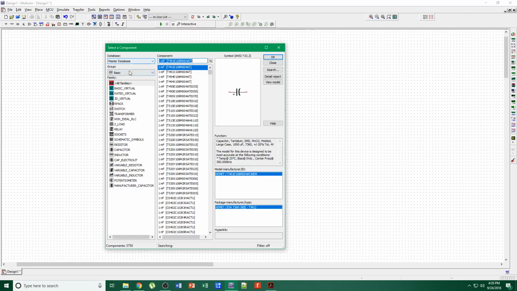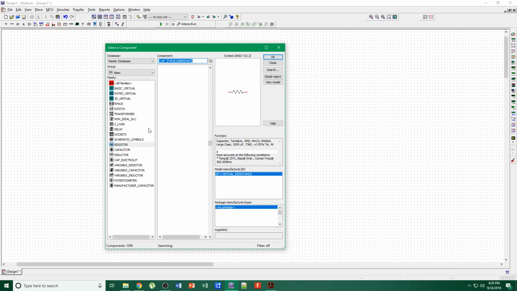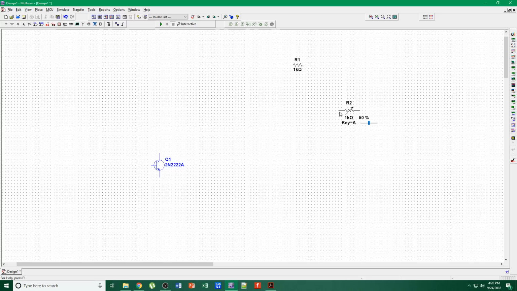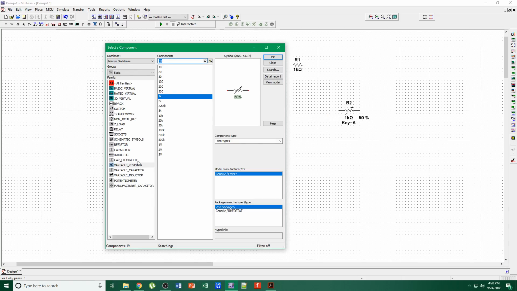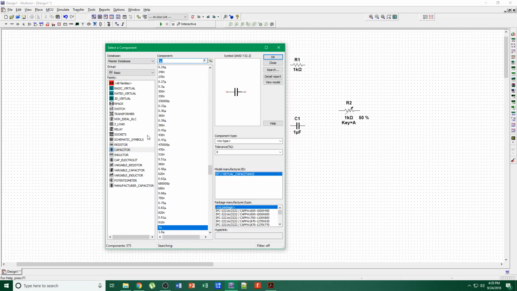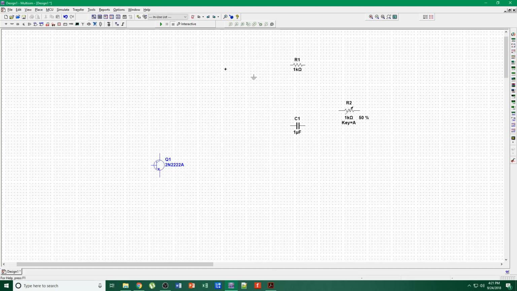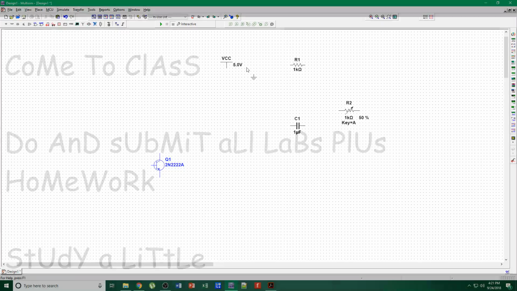That one, we're gonna need 4 resistors. I'm also gonna get a variable resistor for later, as well as some capacitors and sources, a ground, and a VCC. Okay, so give me 1 second.